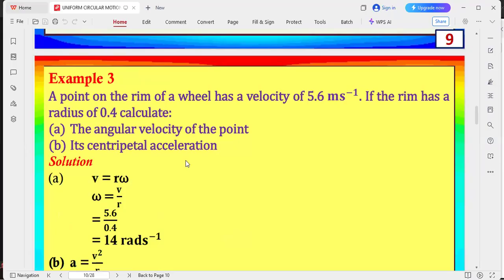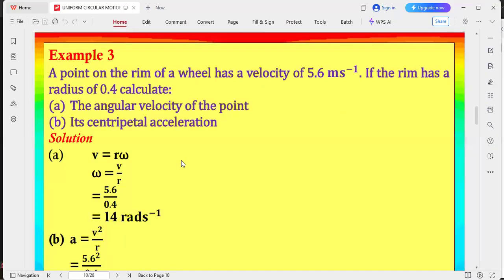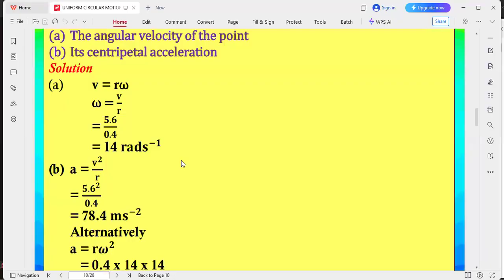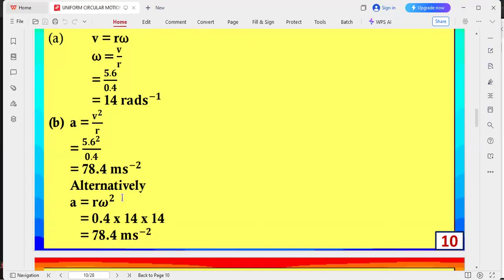B, centripetal acceleration, a equals v squared over r, which will be 5.6 squared divided by r, 0.4. Then you get centripetal acceleration as 78.4 meters per second squared. Someone else can decide to use the second formula, which is acceleration equals r omega squared.